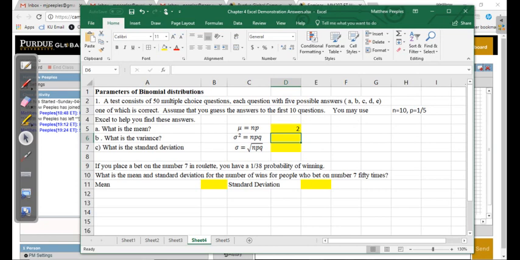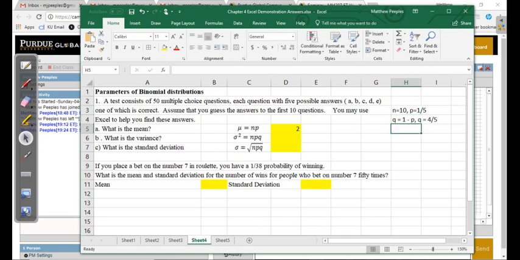What is the variance? Well, the variance is the number of trials times our probability of success times our probability of failure. What's our probability of failure? Well, q is always equal to 1 minus p. And in this case, that's equal to 4/5.